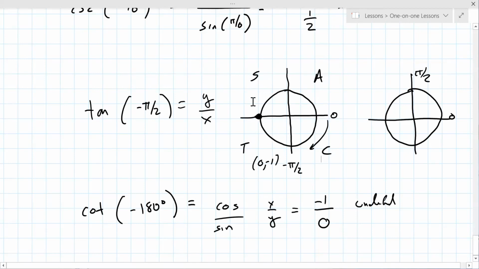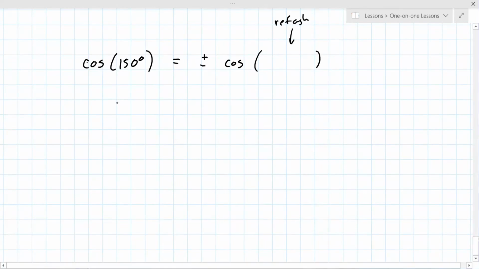and whether it's positive or negative. So the classic question here is, I want the cosine of 150 degrees. This is equal to plus or minus the cosine of the reference angle. So what is the reference angle for 150 degrees?